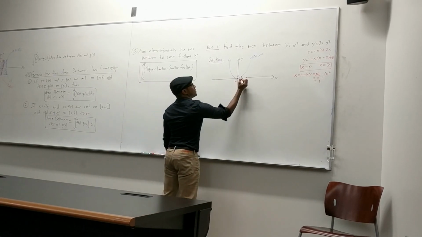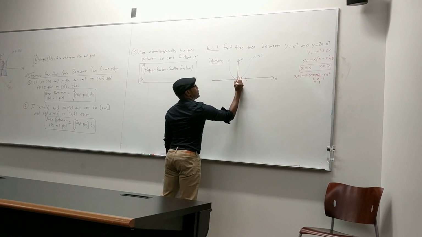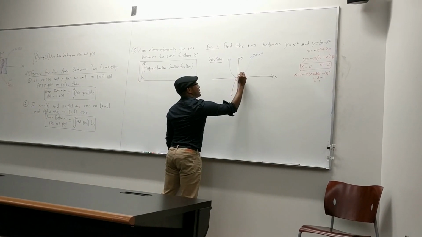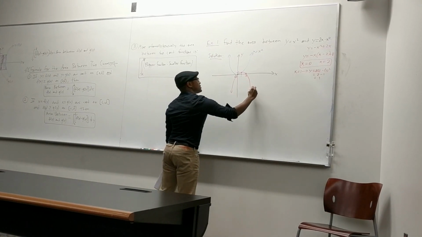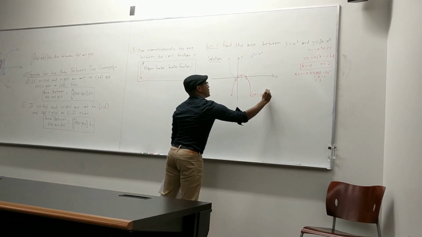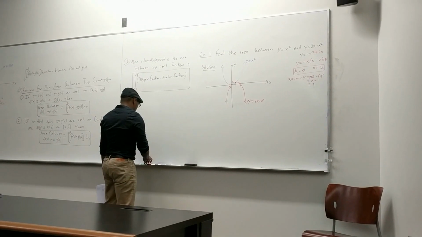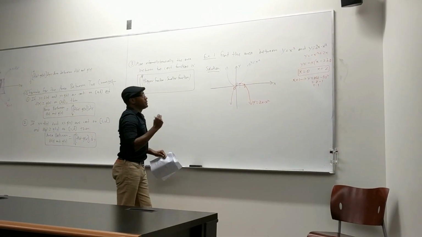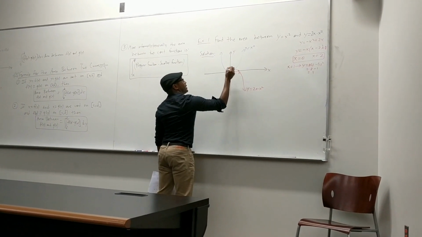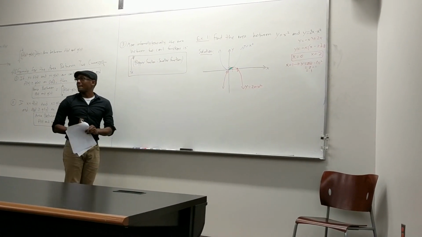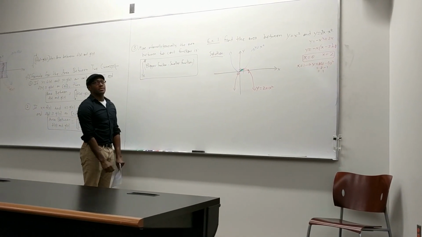So my parabola should look something to the effect of that. Right? So that's 2x minus x squared. So the area between the two, we now see is this green area right here. Right? Okay. So far, so good?